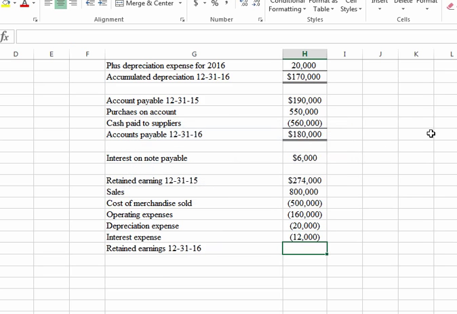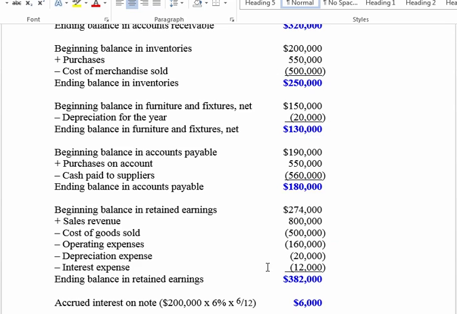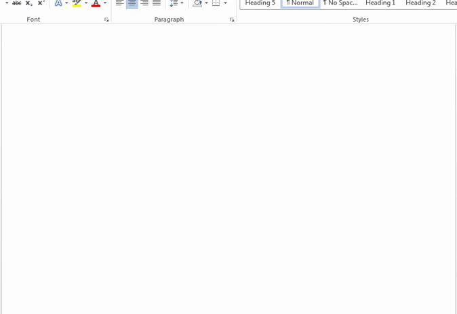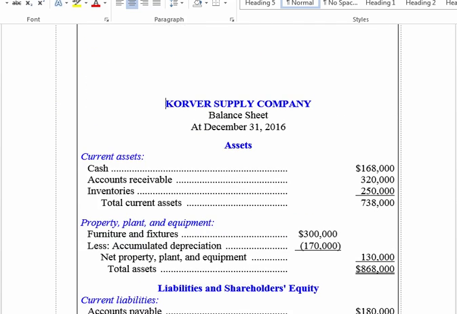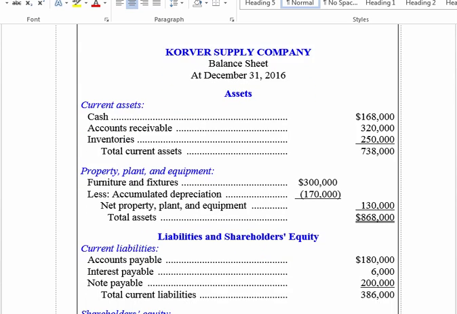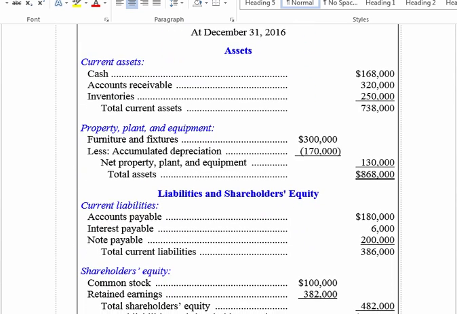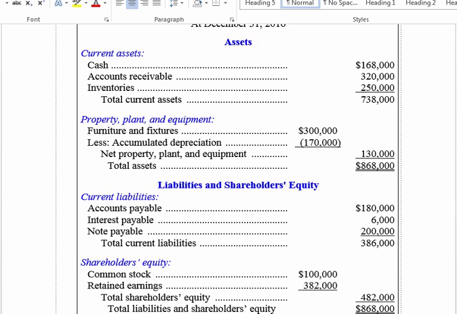That's $12,000. So let's sum this and we'll get our ending retained earnings balance. 382,000. Let's make sure that's right when we come over here. There we go, 382,000.